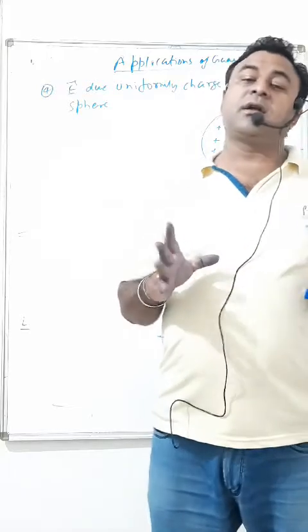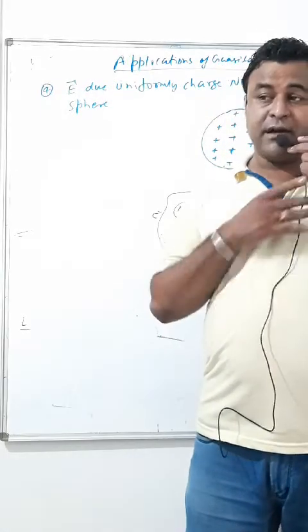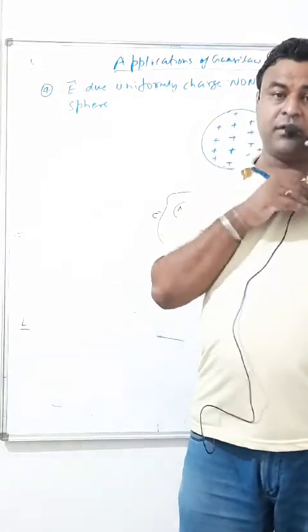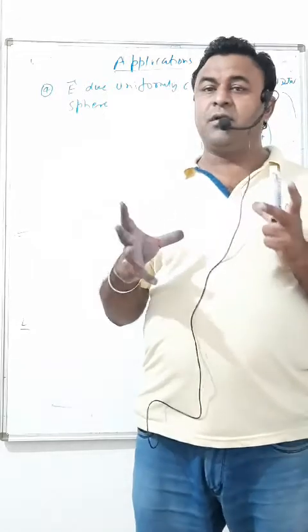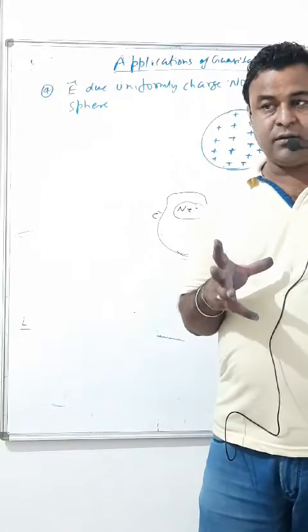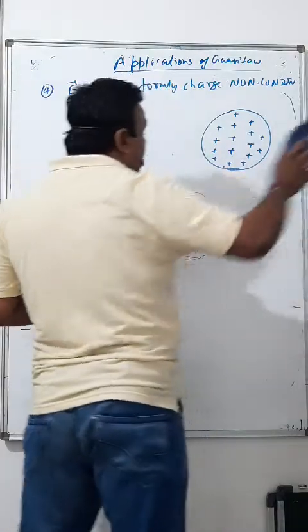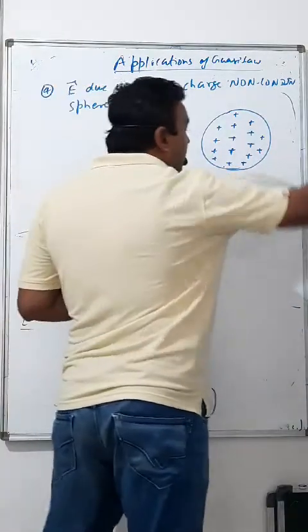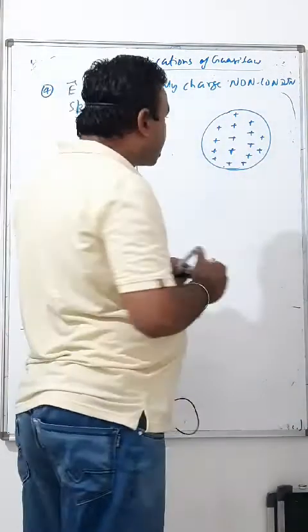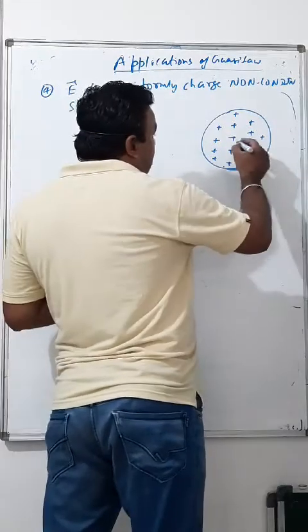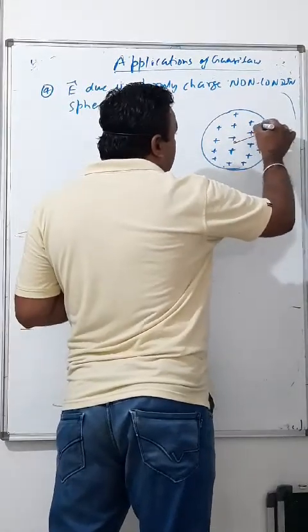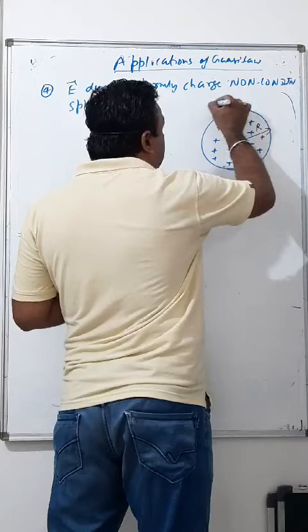But for a non-conducting object, like a thermocol ball or a ball made of resin, the charge is not free to move, so it will remain where you have placed it. Now, its radius is say R and charge is Q.